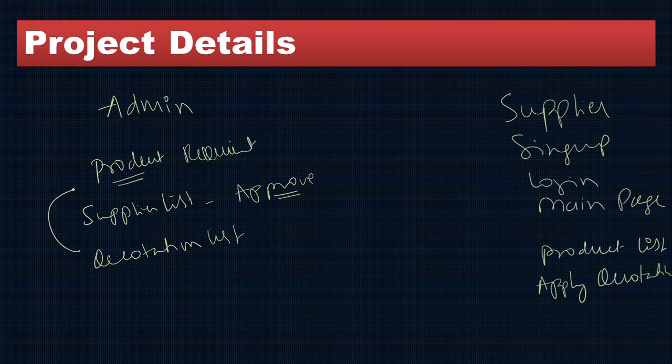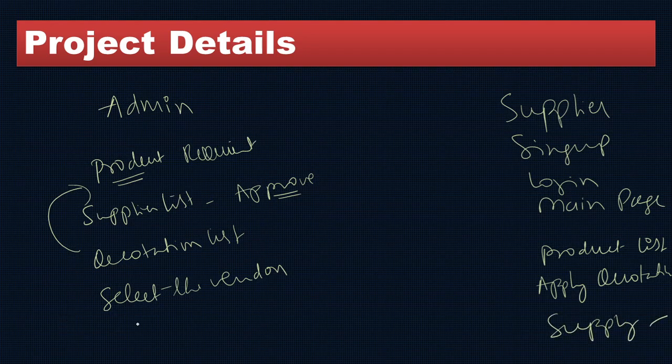Based on your product, there is a quotation list. Then select the vendor. So when this is supplied, you need to supply the product. Here, once you receive the material, you can make the payment from the admin side. So this is the general idea. This is how you can do it.